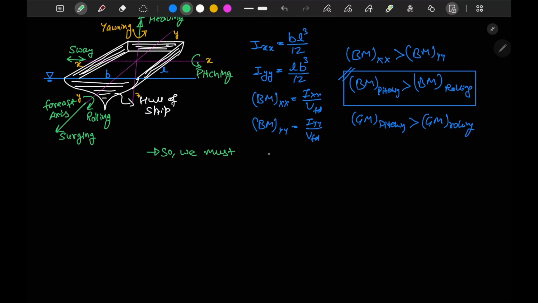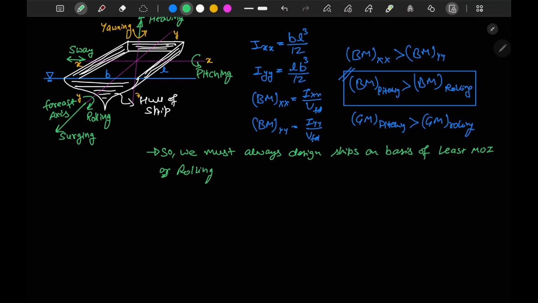So we must always design ships on the basis of least moment of inertia, or in rolling.